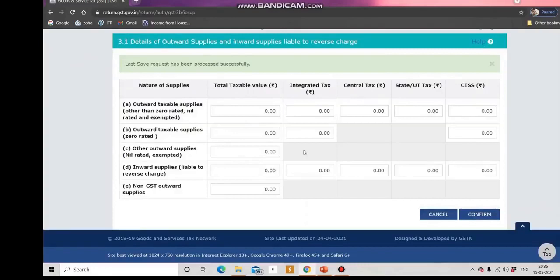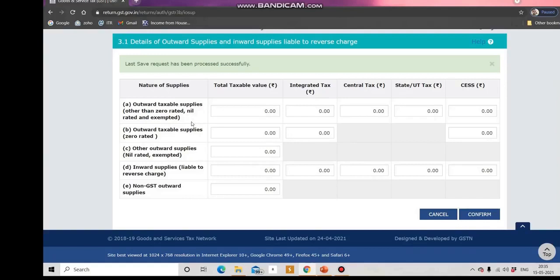So here first is outward taxable supplies other than zero rated, nil rated and exempted. Zero rated supplies means what? Zero rated supplies are the export of goods and services on which there is no GST chargeable. So zero rated supply is an incentive given by the government that for exports there will be no GST to be collected, neither deposited to the government.